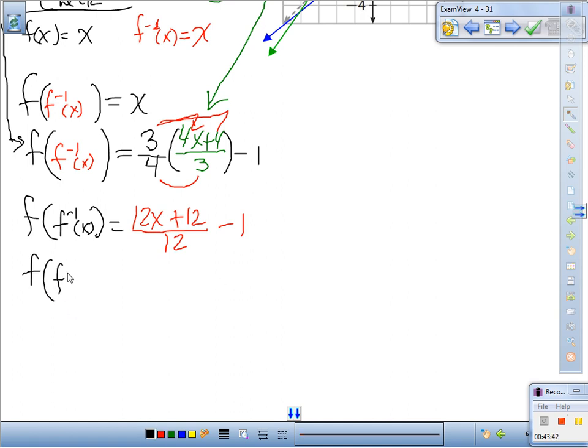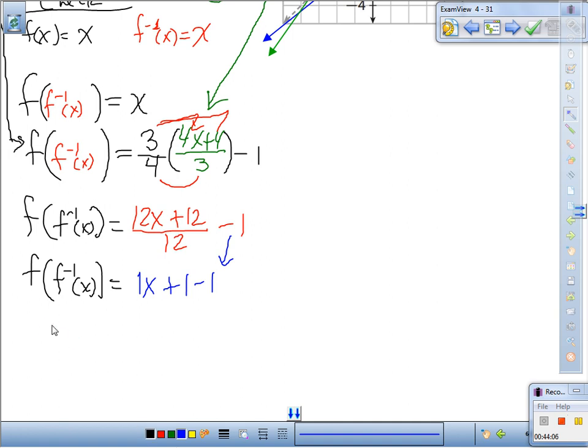Let's go to the next step. F of f inverse of x equals, let's see. What is 12x divided by 12? 1x. What is 12 divided by 12? 1, and bring down the negative 1.